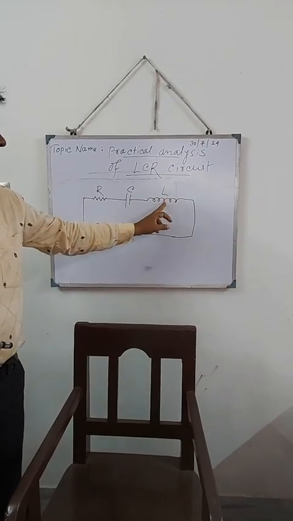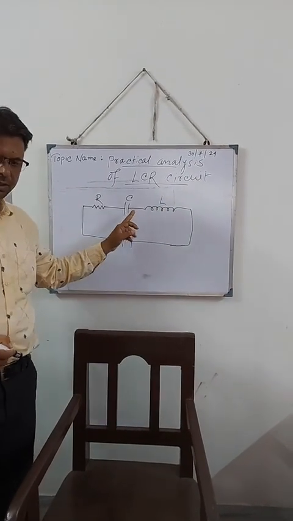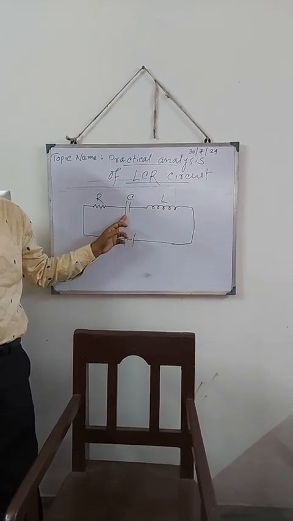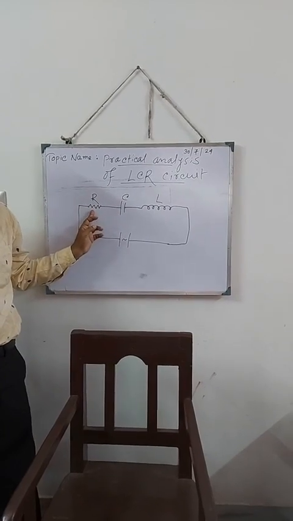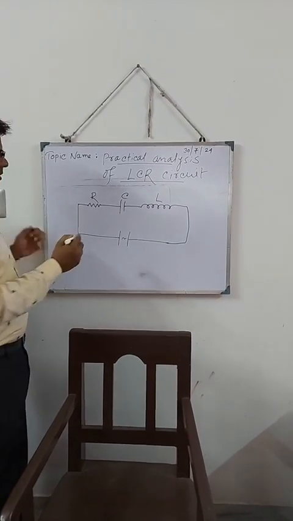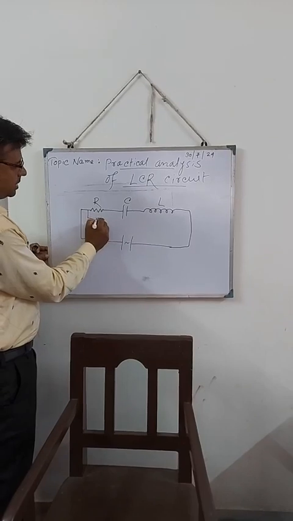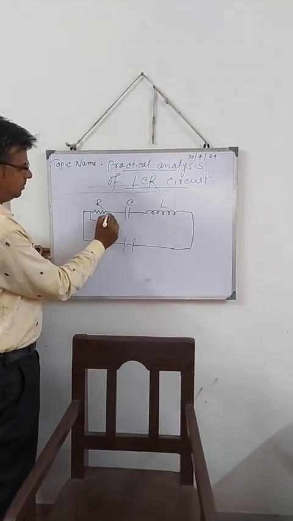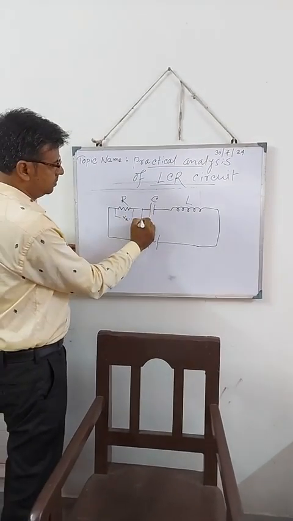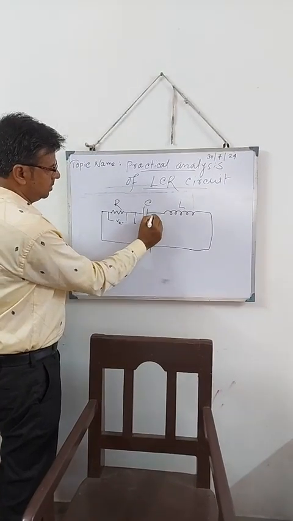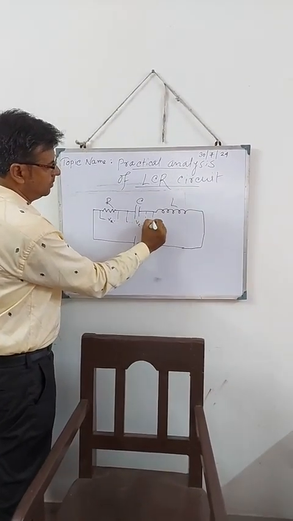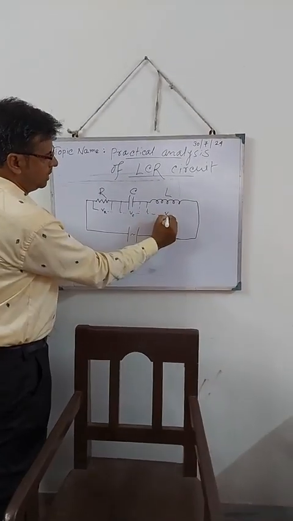That is inductance, and here capacitance, and it is resistance. So across them the voltages are VR, VC and VL.